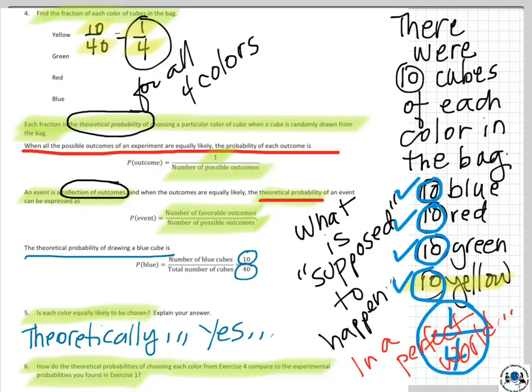Red was 25%, or 1/4 the second trial, but yellows just blew us away. They were 1/2 of the chosen pieces in the first one, and then they were 7 out of 20, or 35% in the second trial. So not fantastic, but not incredibly far off, I guess. That's my answer.